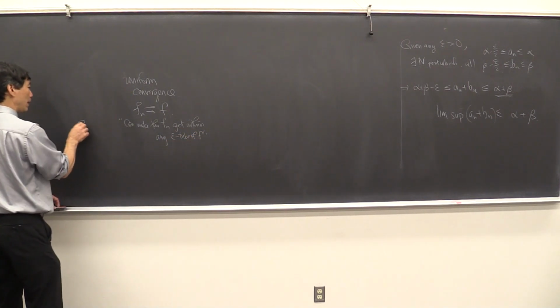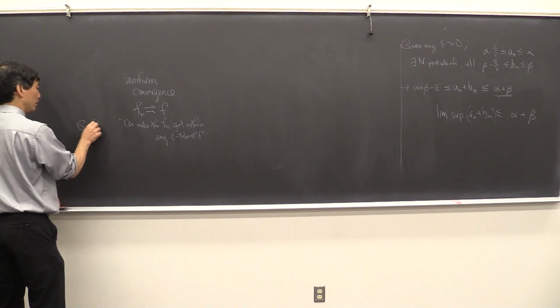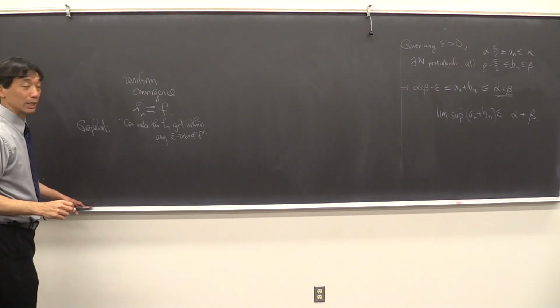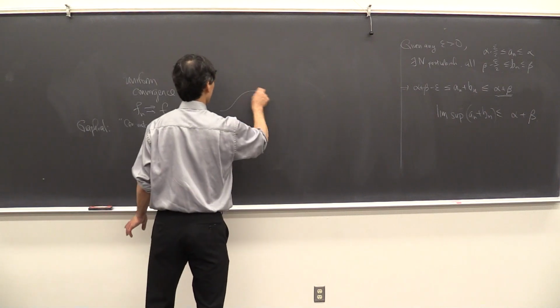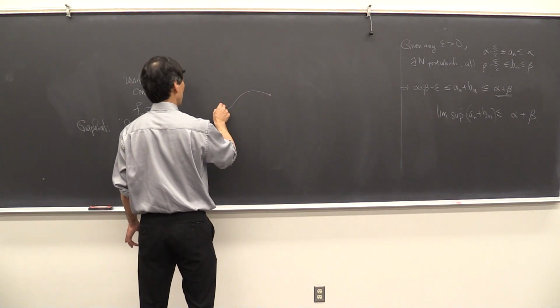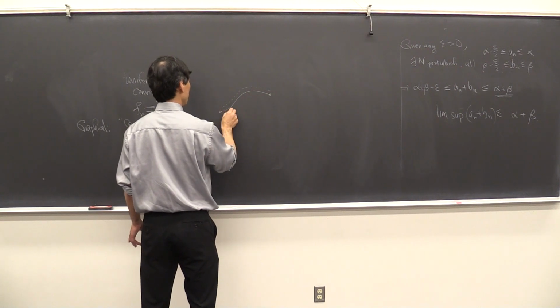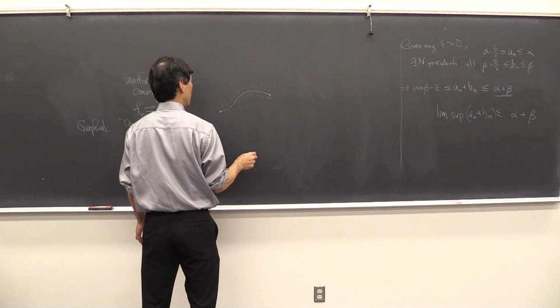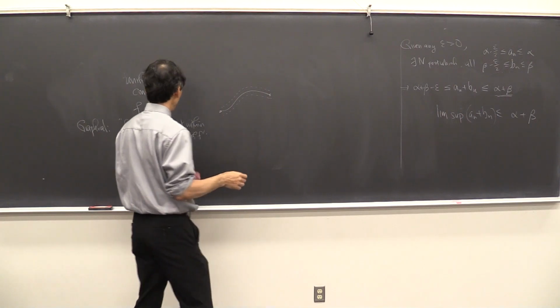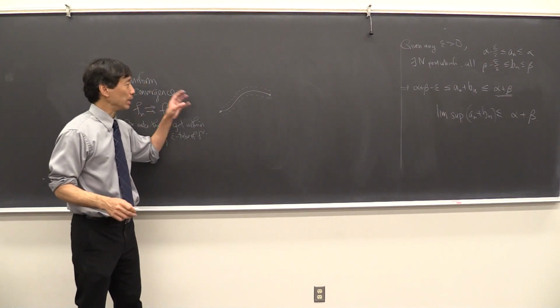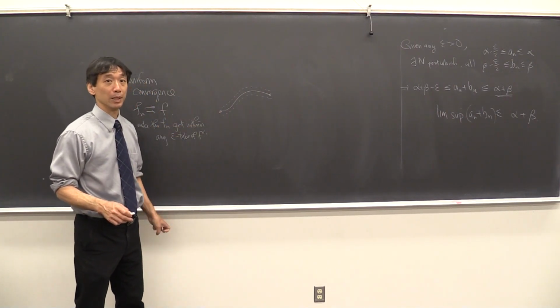This is the graphical way of thinking about it. You've got this f, and no matter what epsilon tube you choose, we can find a time past which everybody lies inside the epsilon tube.